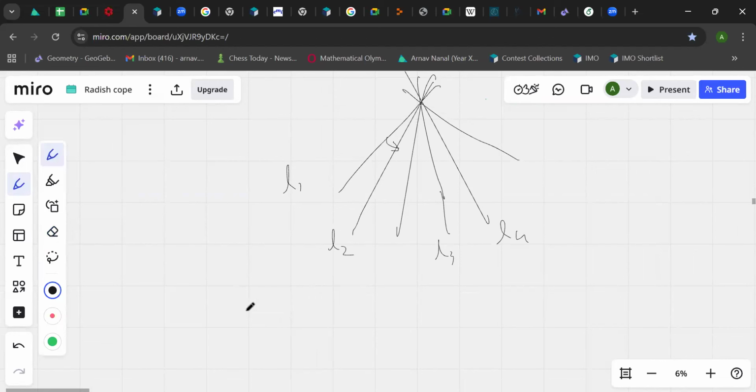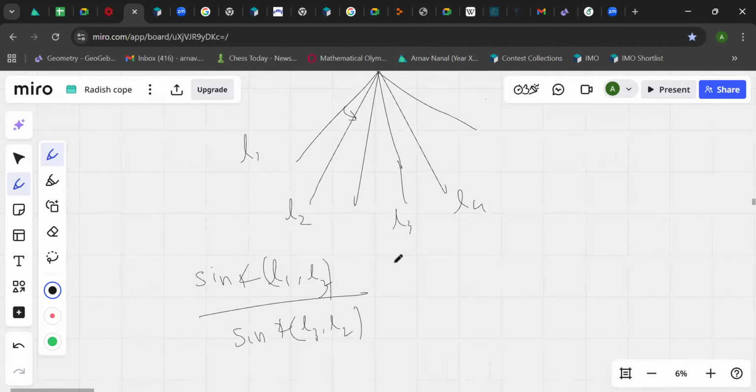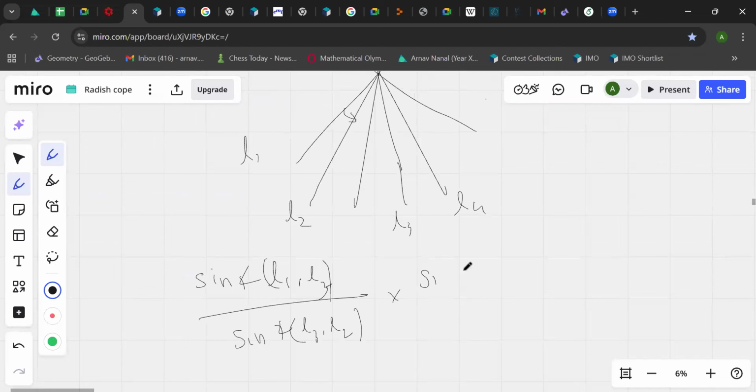So it's sine of angle L1, L3 upon sine of angle L3, L2, into sine of angle L4, L2 upon sine of angle L1, L4.